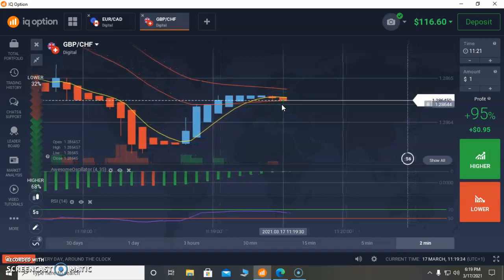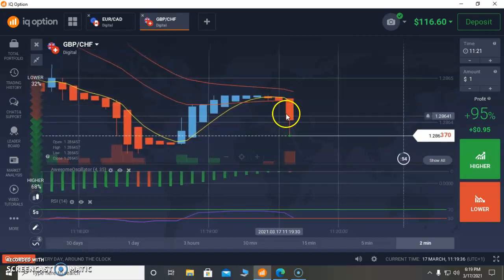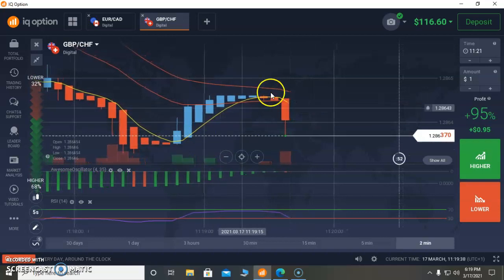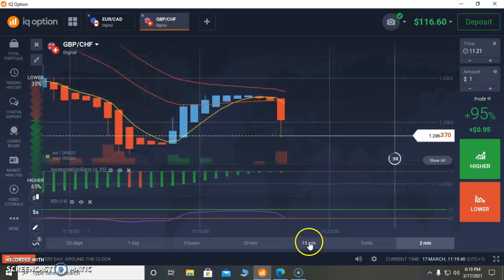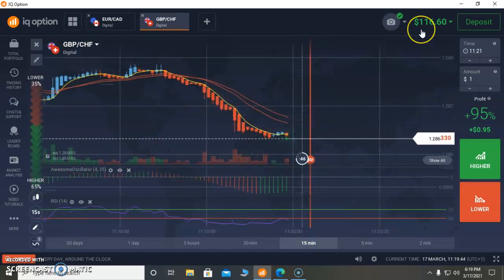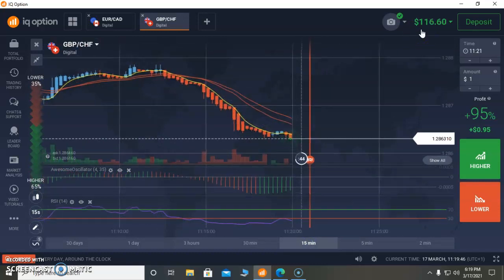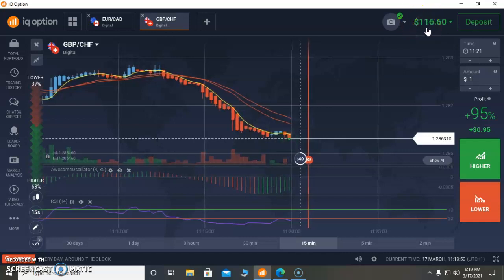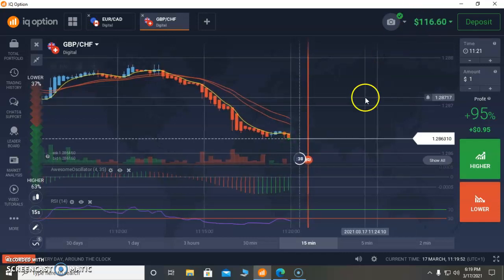Ito, sayang oh. Wala lang oras eh. Down pa rin siya. Nag-pump lang. 10% of 116 is $11. So, dapat maging 127 ito.